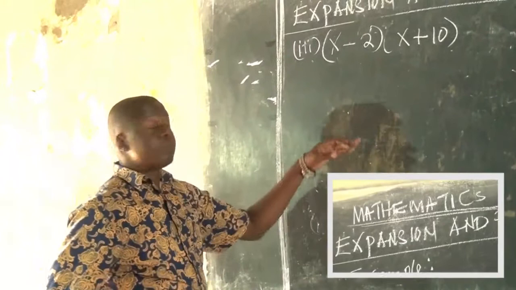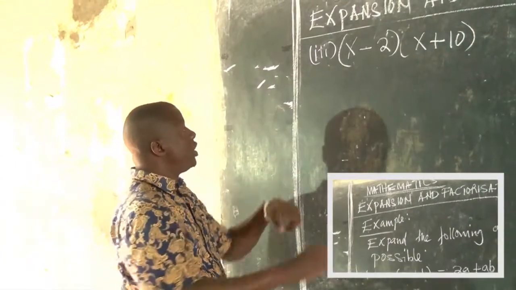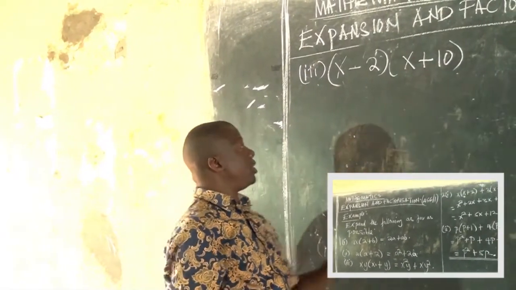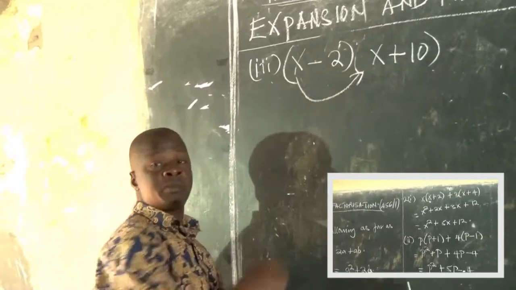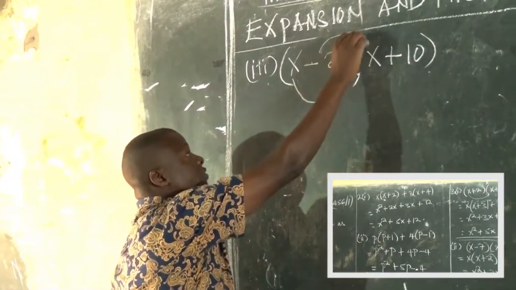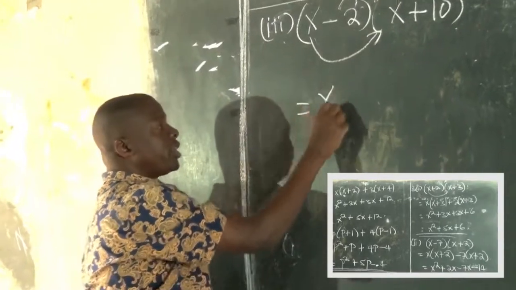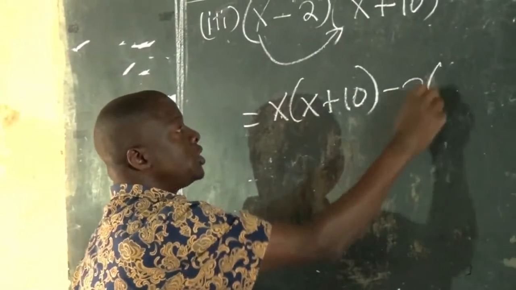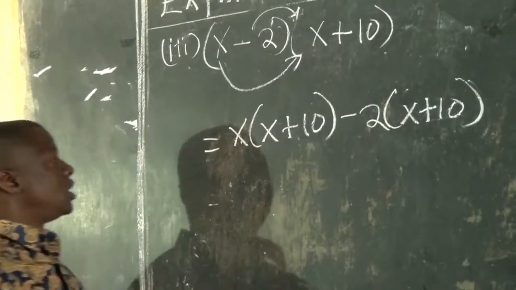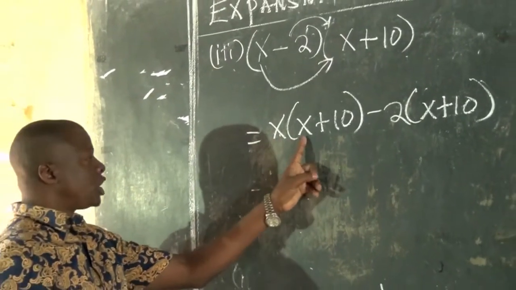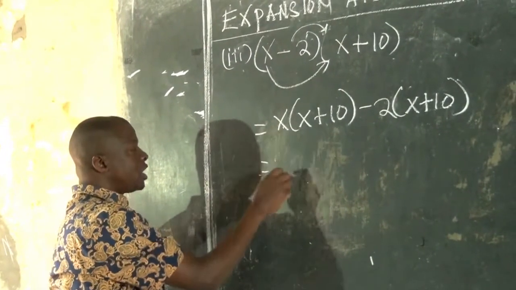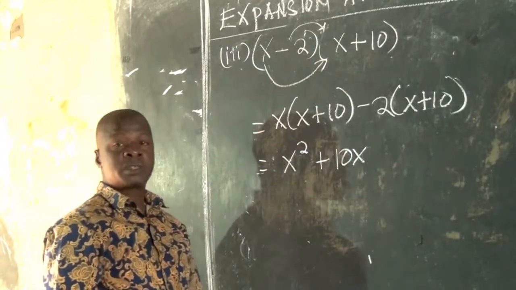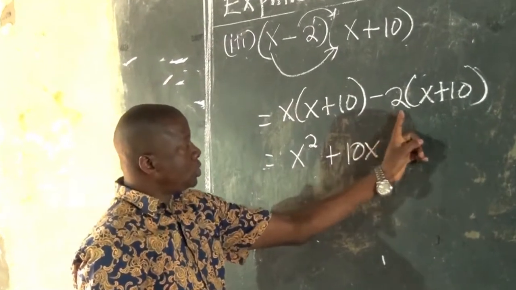Let's look at another example of that form. We have x minus 2, then x plus 10. We see that this x is going to affect that bracket, and also this negative 2 to affect that bracket, such that we shall have x into x plus 10, minus 2 into x plus 10. We have x times x, that is x squared, plus 10x, minus 2 into x plus 10.